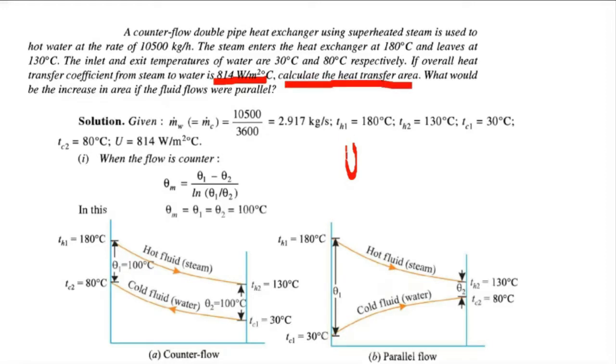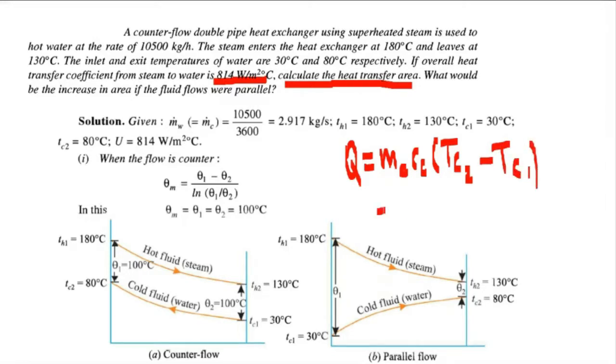So we will see what formula we have. We have three different relations for heat transfer. So Q is equal to MC CC (TC2 minus TC1). It is equal to MH CH (TH1 minus TH2).